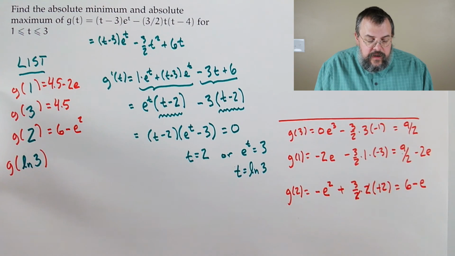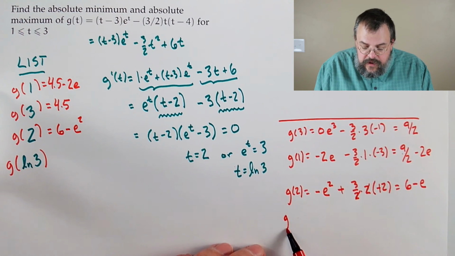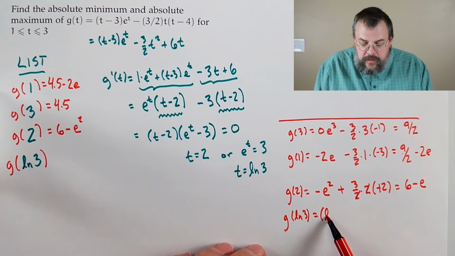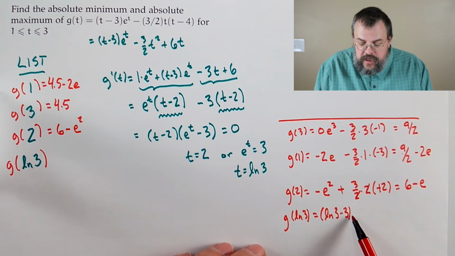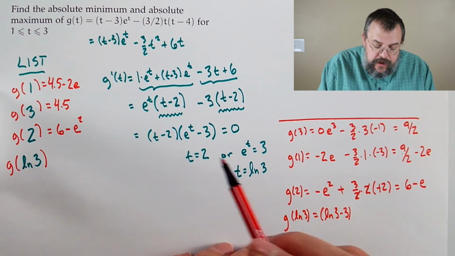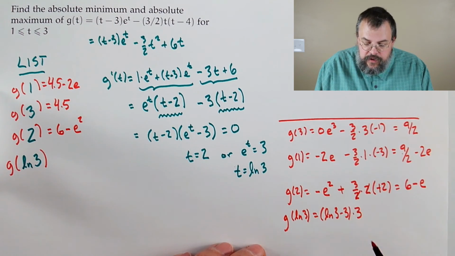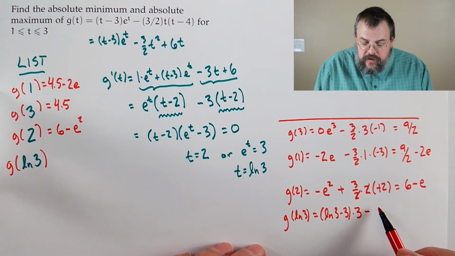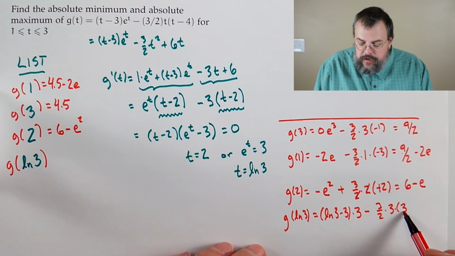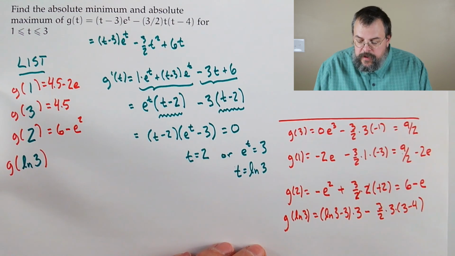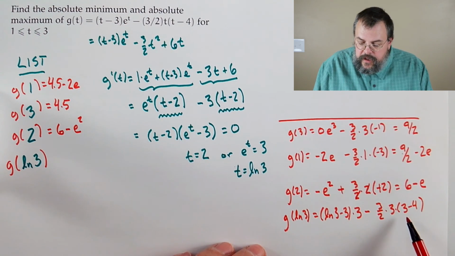All right, now log 3. Well, g of log 3 would be log 3 minus 3 times e to the log 3. Well, we know that's 3. Then minus 3 halves times 3 minus 4.